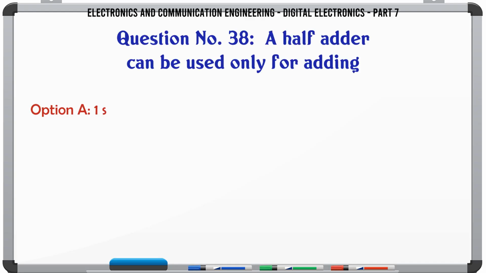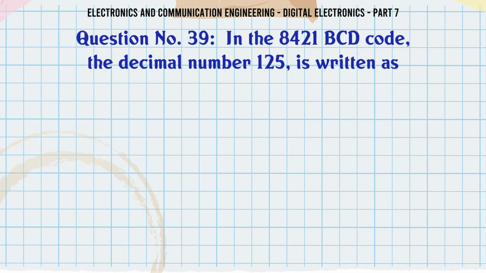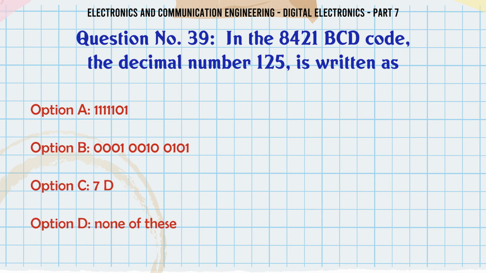A half adder can be used only for adding: A) 1s, B) 2s, C) 4s, D) 8s. The correct answer is 1s. In the 8421 BCD code, the decimal number 125 is written as: A) 111101, B) 0001 0010 0101, C) 7D, D) none of these.